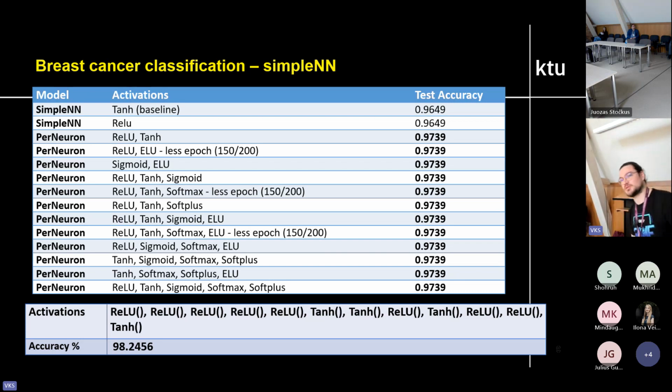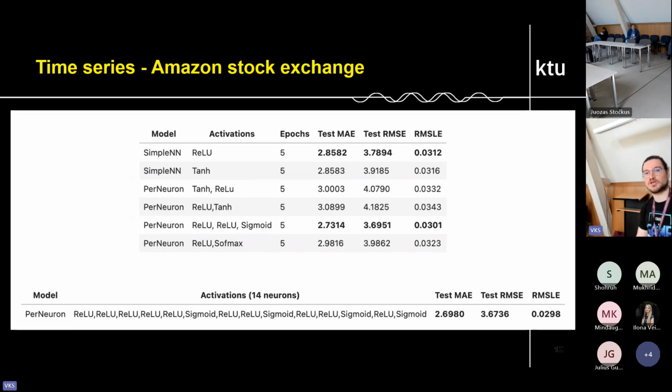And another prospect of this research was to assign a whole list of activation functions per neuron, achieving even higher accuracy than before. Then we have stock exchange, the same approach, better results.